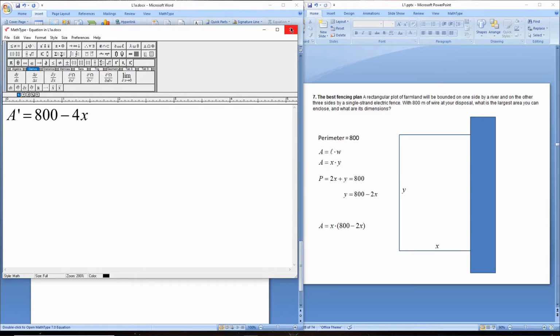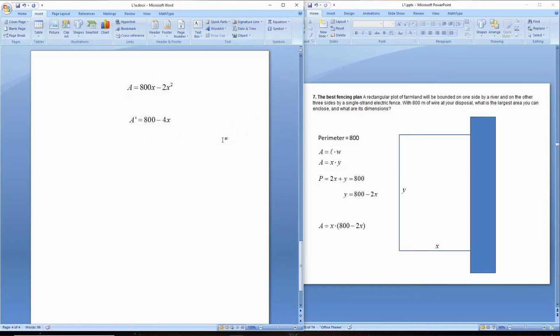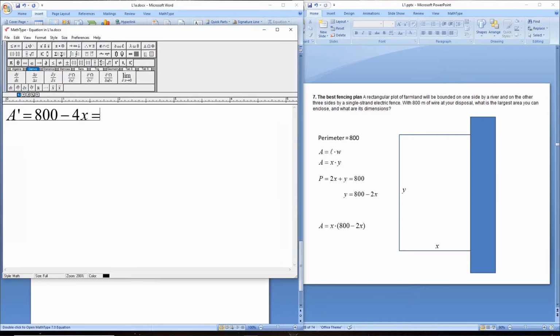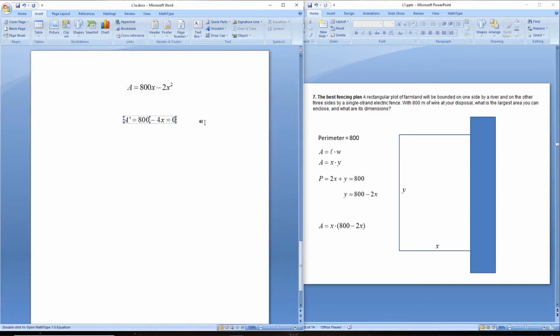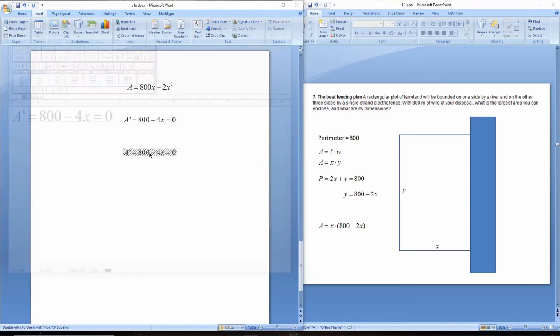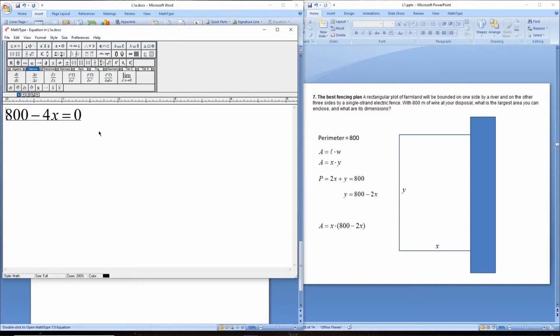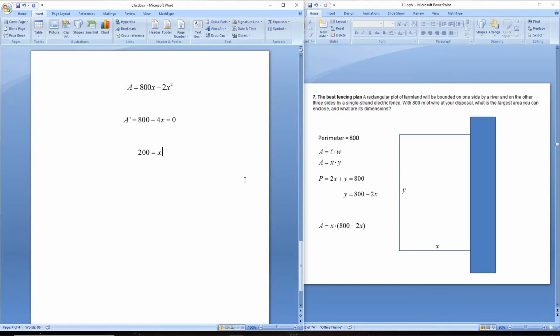And there's our derivative. And we want to find the extrema. So we'll set that equal to 0 and solve. And if we move 4x to the other side, divide by 4, and there's our answer.